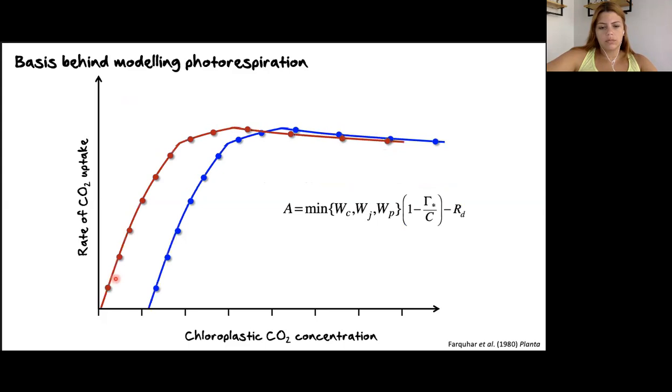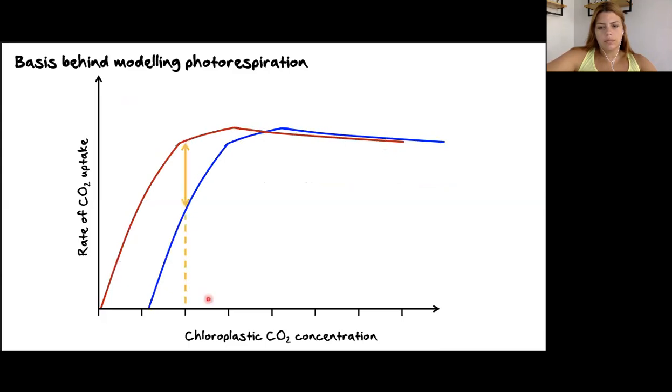We can model that as we did before, and then we can say, okay, at any given concentration of CO2 inside the chloroplast, we get this value here when there's photorespiration present, and this value here when there's no photorespiration present. So at any given chloroplastic CO2 concentration, we lose out on this much CO2 due to photorespiration.